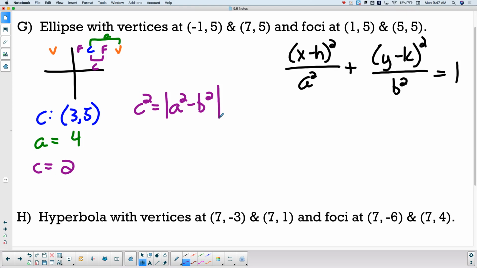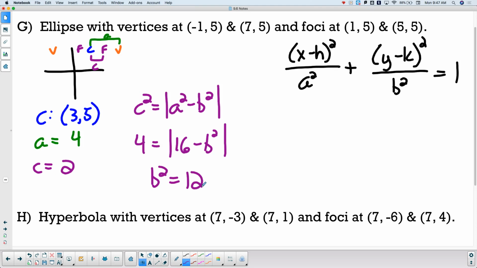So c squared is 4, a squared is 16, and I need to figure out b squared. 16 minus what gets me 4? 12, right? So b squared has to be 12.